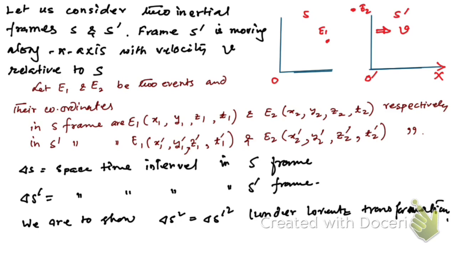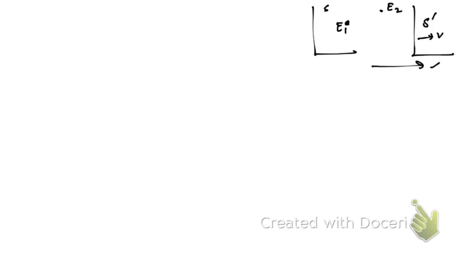Now let me take a new slide. So here you see, these are the two frames. Here the event E1 is taking place, here the event E2 is taking place, and this is the S dash frame which is moving with velocity V along the x direction.